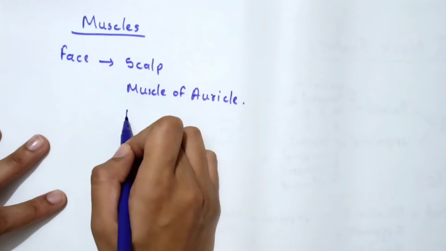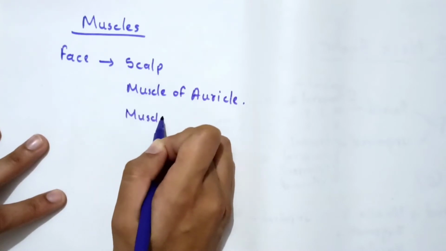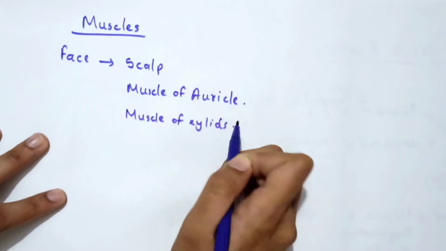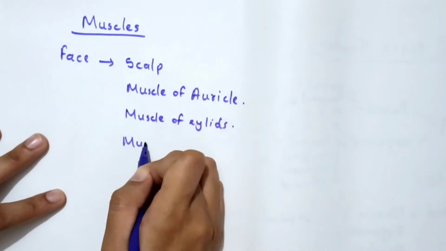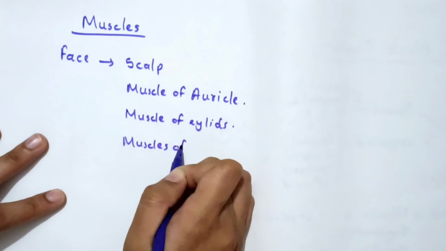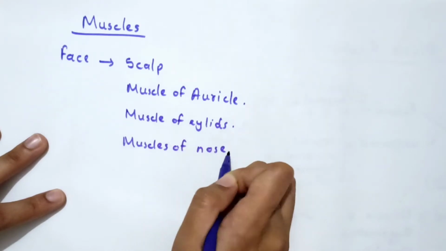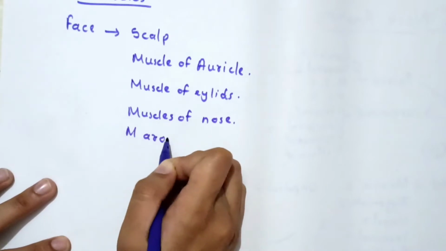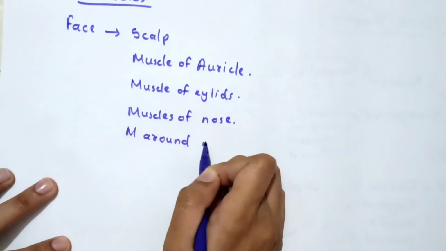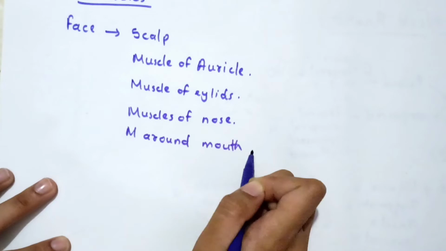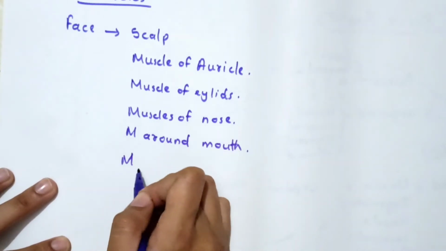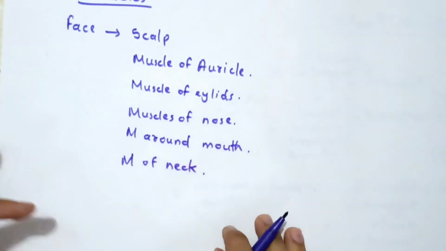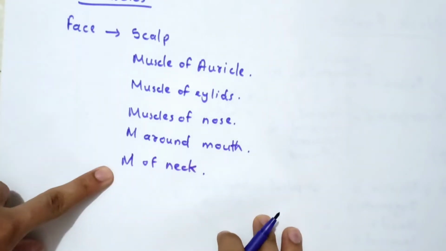Then we have muscles of eyelids. Then muscles of nose. Then muscles around mouth. Then we have muscles of neck. So these are the divisions to study the facial muscles.